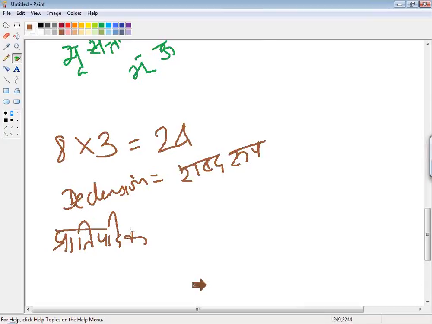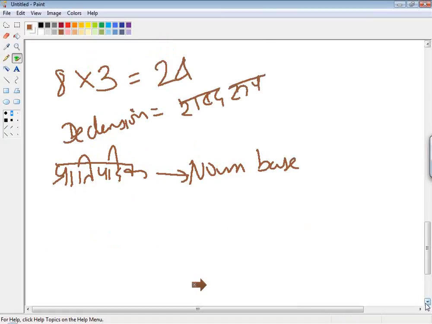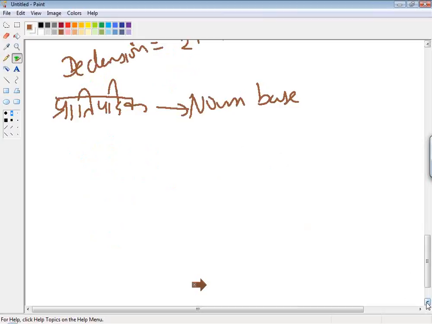Now, for the Pratipadika, what are the characteristics? This is a noun base. I'm using a crude word here. There's a Paninian definition which is very nice, but I don't want to complicate life for you right now. We'll get there one day. What can be the attributes of a noun base? We say it has to have a gender. What are the genders?